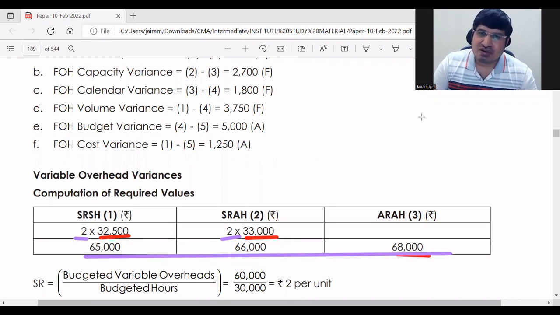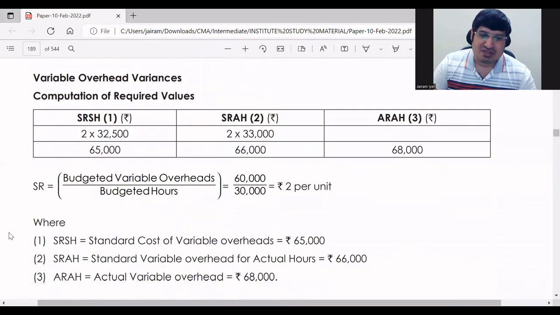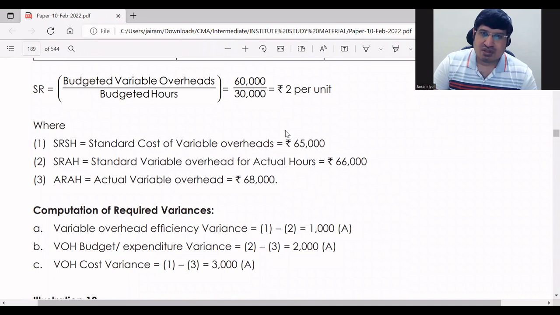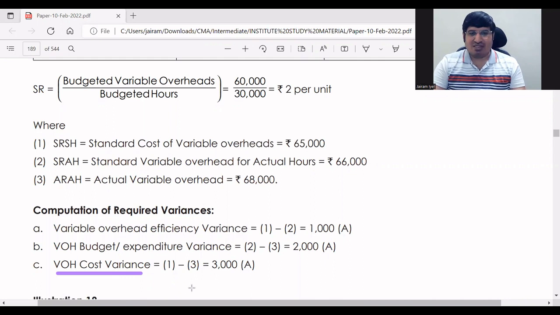This is what you have to do, and there are three things in variable overhead variance. Okay, 1 minus 3 will give you the total variance, that is the variable overhead variance. Or you can also call it variable overhead cost variance, or total variable overhead variance. Okay, this will be 1 minus 3. ठीक है, efficiency variance will be the same as what you used in fixed overhead.